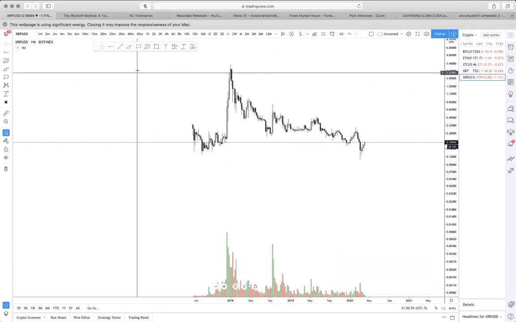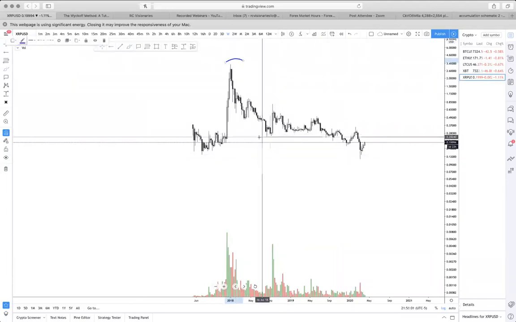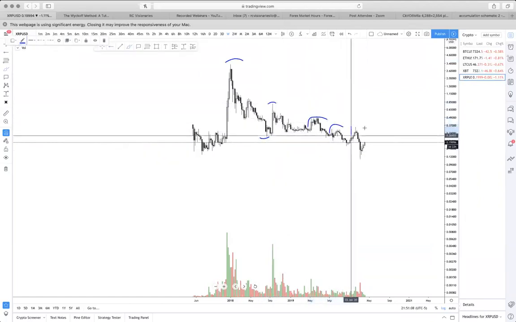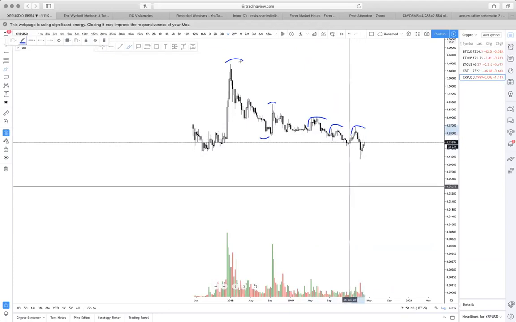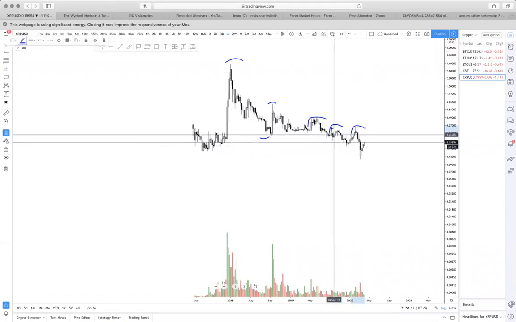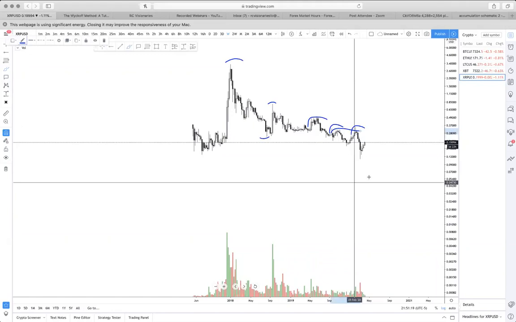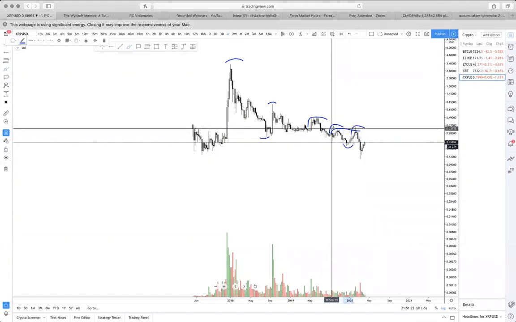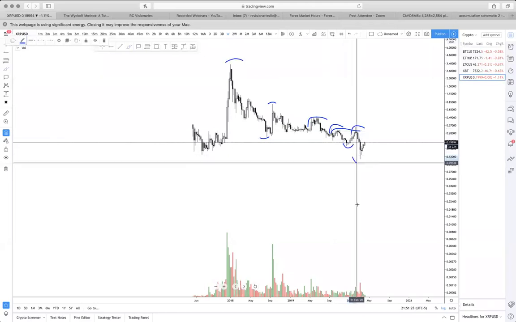Looking at this: high, low, lower high, lower high, lower high, lower high. Bearish structure is not broken until a lower high significantly breaks. This could be considered a test. I wouldn't consider that a break. Even with this so-called break of bullish structure, it still took out the lows.